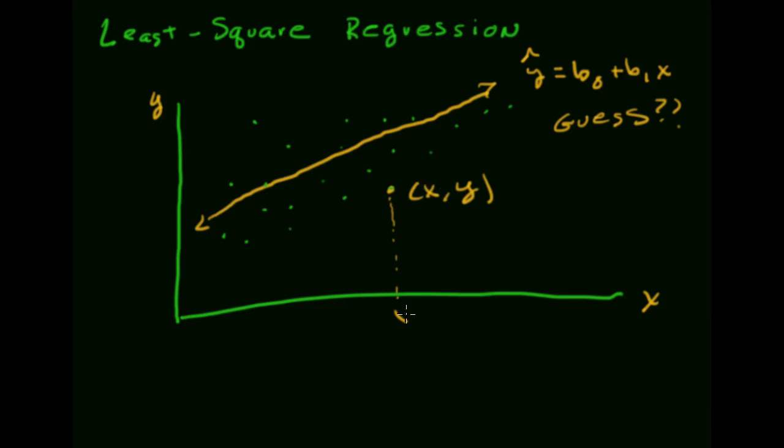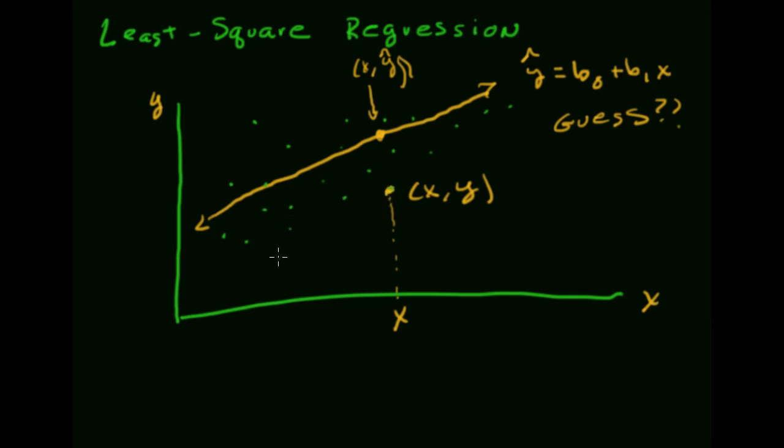So given a particular x value, I want a line that is going to predict the y value that's associated with that x value. Well, this line is not predicting this point very well. So the point here is x, y hat, and this is the point on that line that I am using to predict this value.